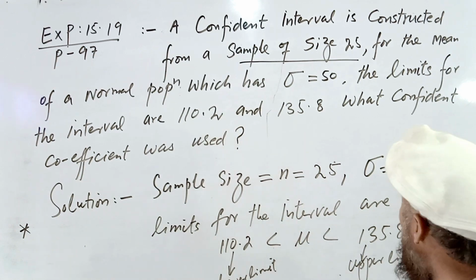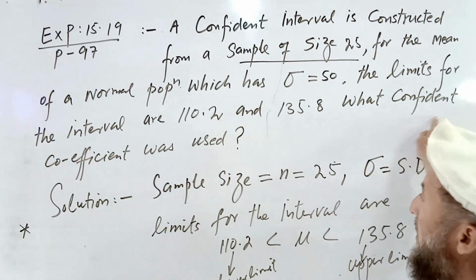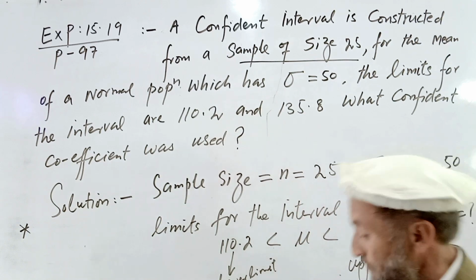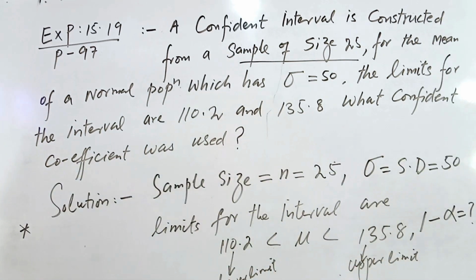How do we find the confidence coefficient? What is the confidence coefficient? We require 1 minus alpha. Alpha is the required data, that is the confidence coefficient.